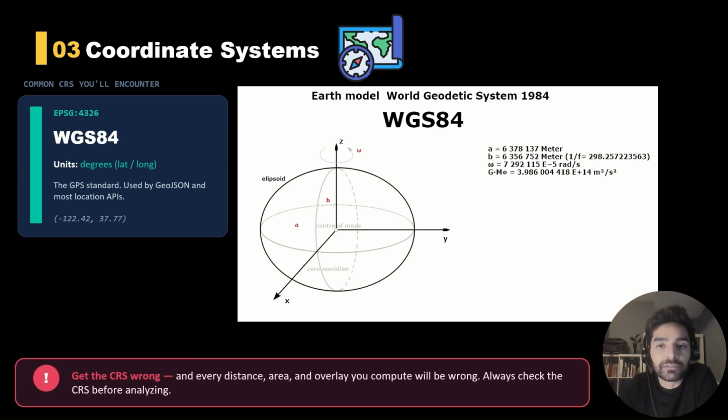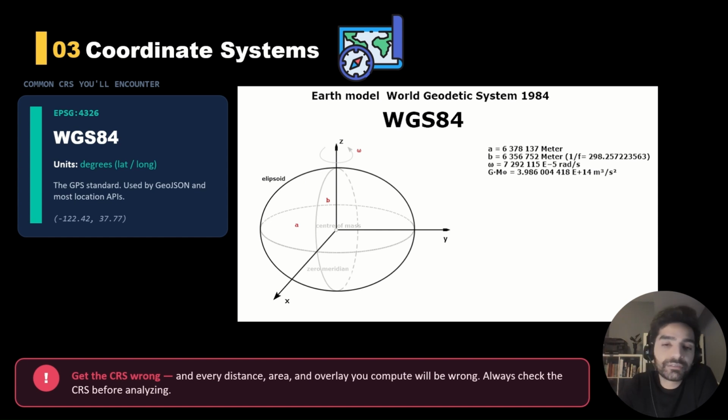This is the standard used by GPS and many location APIs. Coordinates are expressed as latitude and longitude in degrees. For example, a coordinate such as negative 122.42 and 37.77 refers to longitude and latitude.